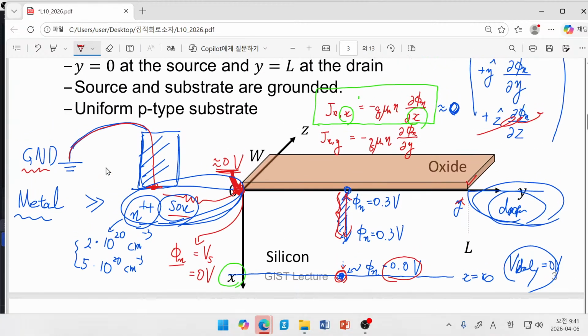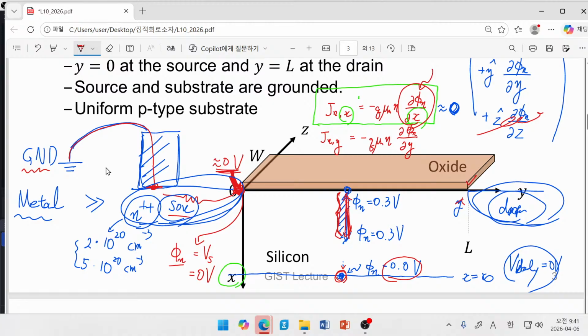Yes, Jn should vanish, but there are actually two different ways to make our Jn almost negligible. Please name them. I just told you that one way is to make this d phi n over dx almost equal to 0. That was the physical origin of this homogeneity of electron quasi-Fermi potential.